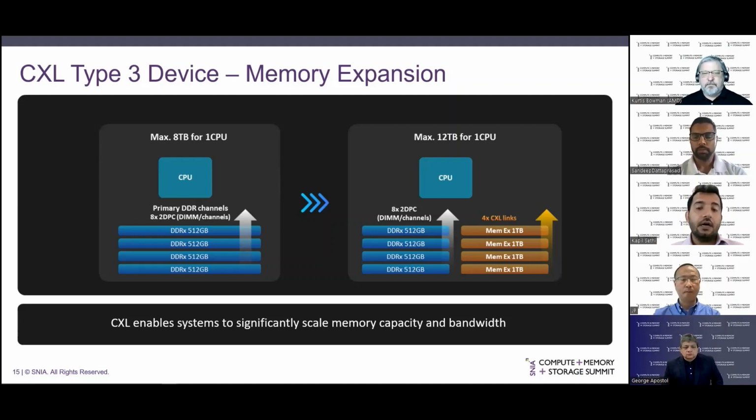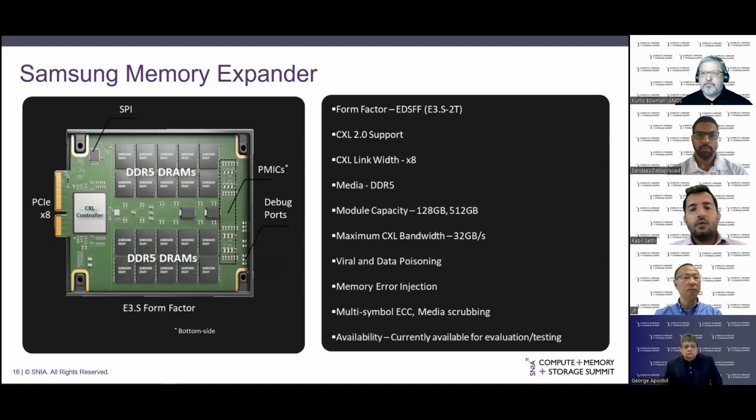Now let's pivot from the CXL Type 3 memory expansion device overview to what Samsung is doing in this space. So I'm very excited to announce the development of a CXL-based DRAM memory expander product built with an application-specific integrated circuit CXL controller. This memory expander product, we believe, will pave the way for the commercialization of CXL technology.